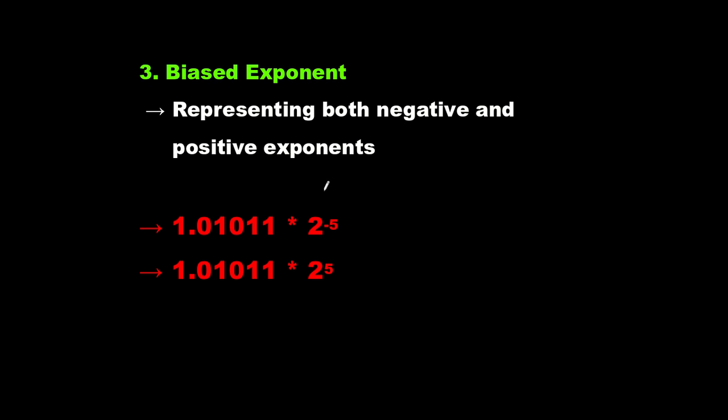How can I represent both negative and positive exponents? I divide my range. Let's say, for example, I have this number to the power negative 5 and 5. How am I going to represent that? If I told you to represent 5 in binary, it's easy.